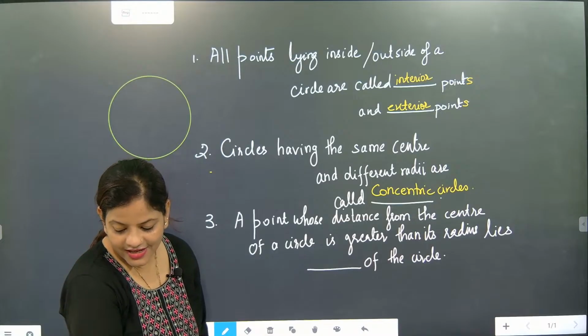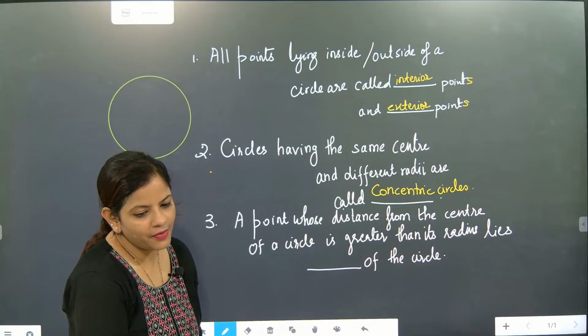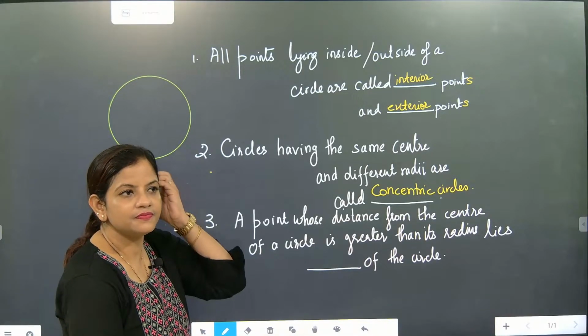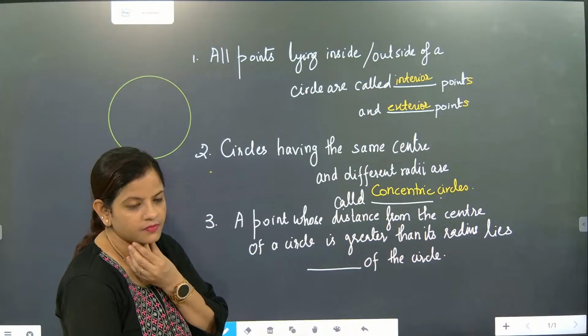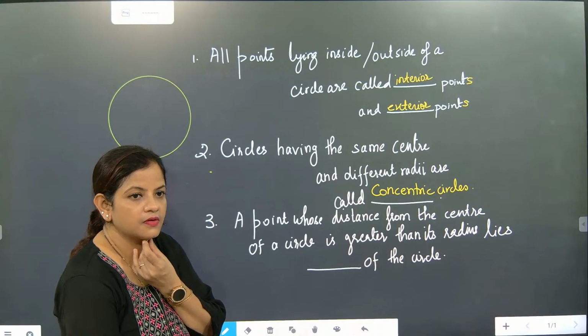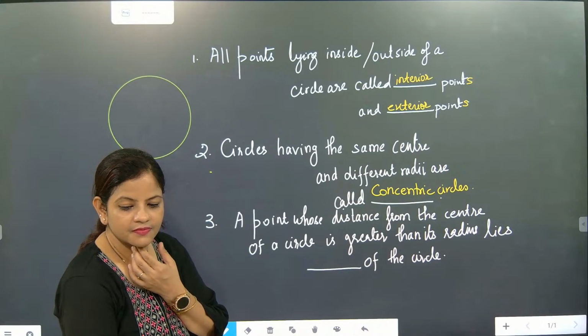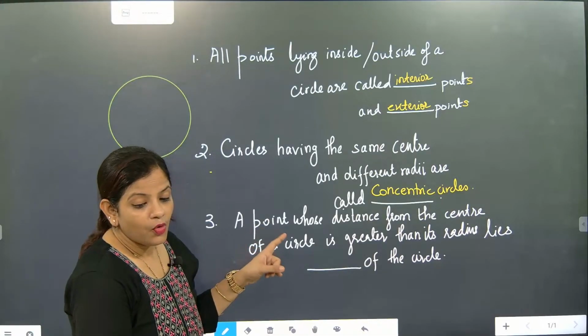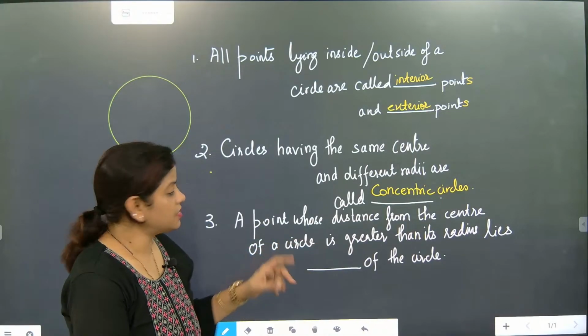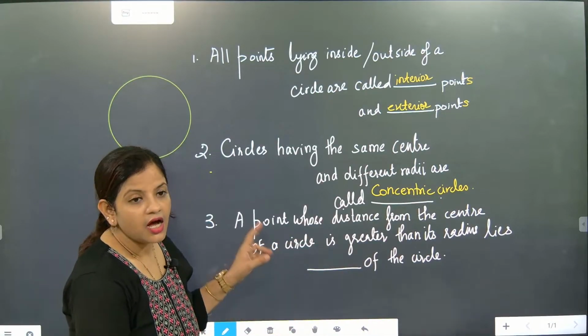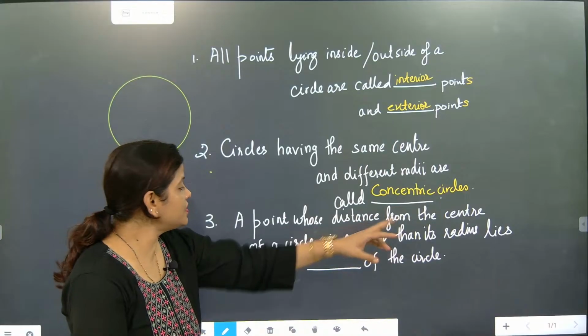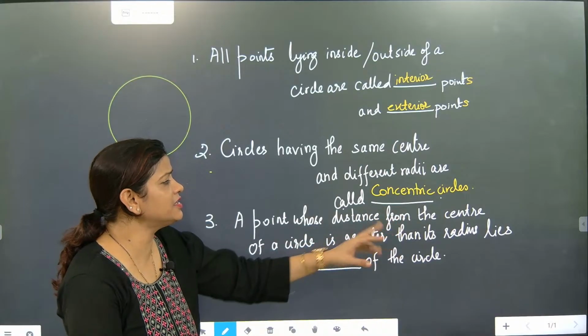Think nicely. You'll be able to answer it. A point whose distance from the center of a circle is greater than its radius.